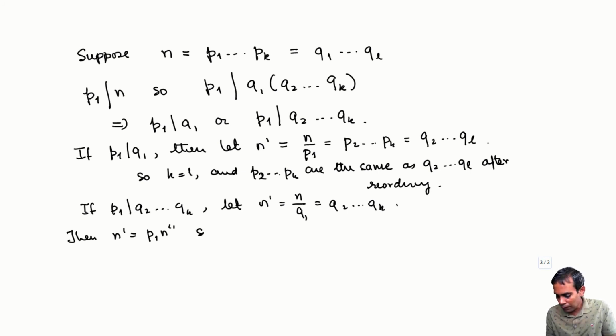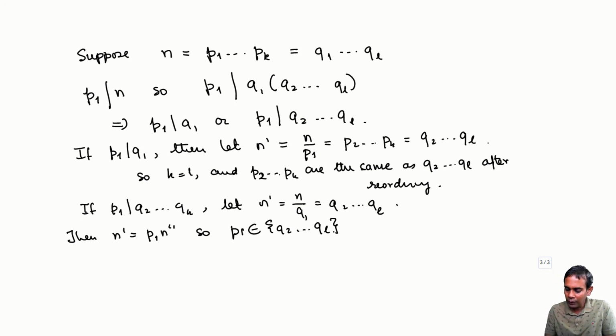And so when you take the factorization of n prime into prime numbers, then p1 will be one of those primes. So p1 is one of the numbers q2 up to ql, this should be l here. p1 belongs to q2 up to ql.